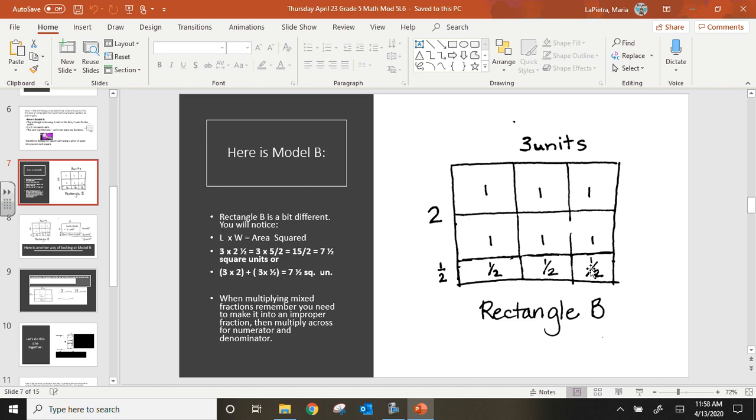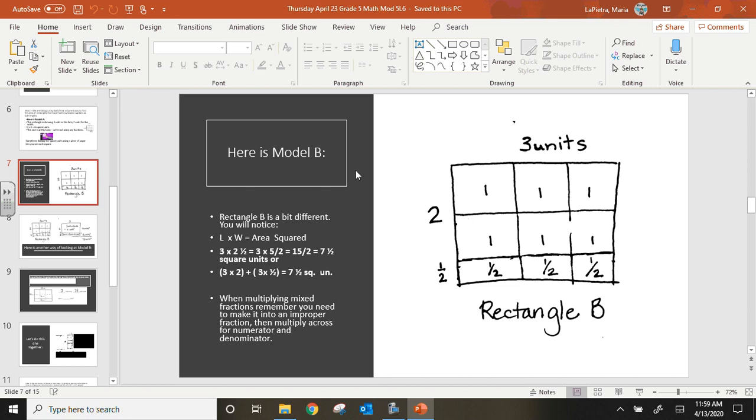And when I do that, you should come over here and check this out. You have 3 times 2.5 equals 3 times 5 over 2 equals 15 over 2, which equals 7.5.